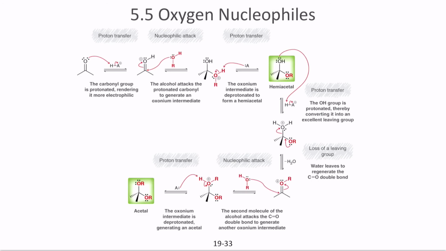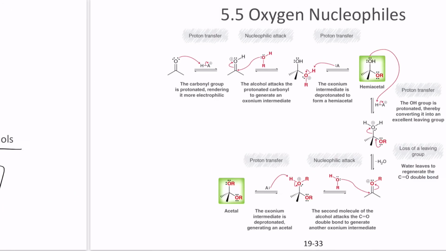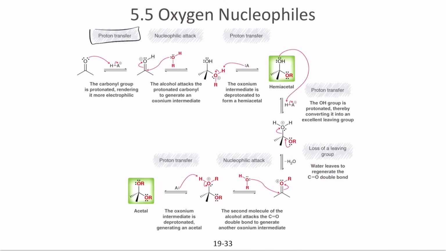So what happens in this reaction here? Notice that this is an acidic condition, which means that first there is proton transfer, the ketone gets attacked by water, creating an OH group, and then undergoes nucleophilic attack by the alcohol. Then the negatively charged atom attacks the proton, and the OR group is taken out.